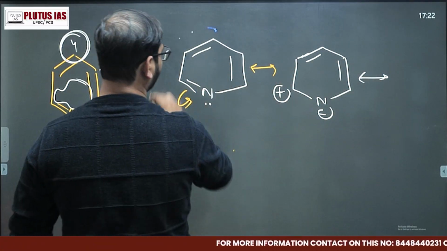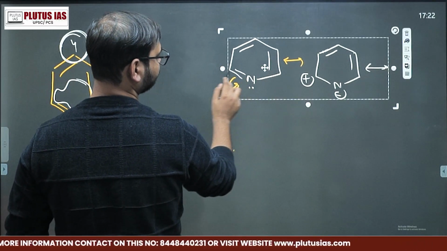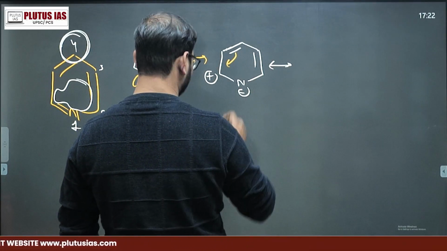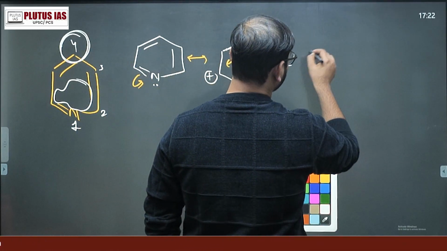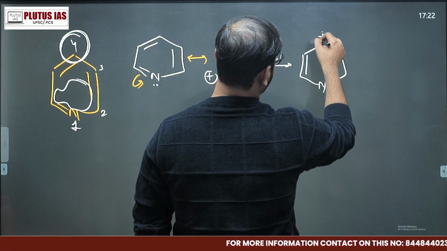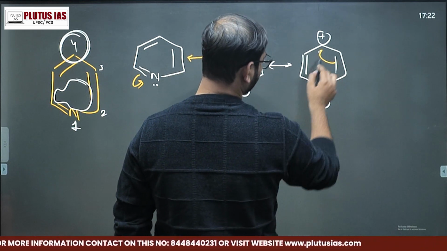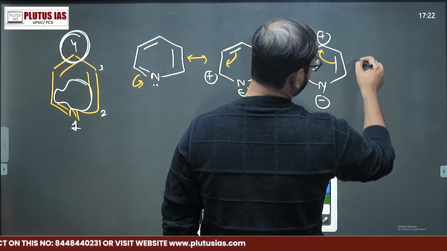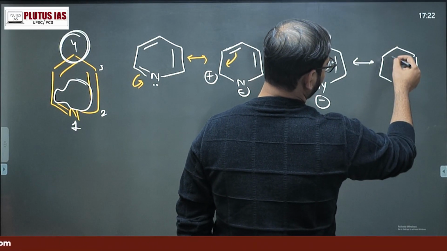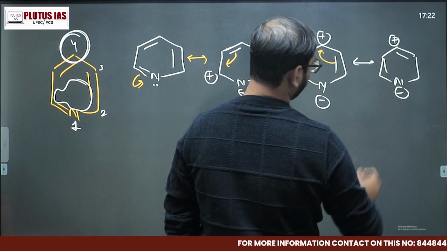Then, moving on further, this pi bond will move to stabilize the carbocation, and delocalization of the positive charge will take place. Here are the resonating structures that we will get for our pyridine.